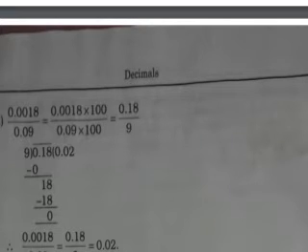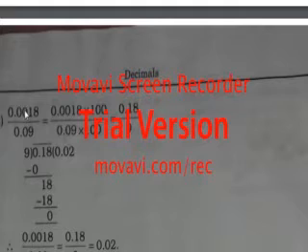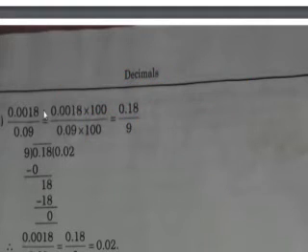That is, up and down it has been multiplied with 100, or simply you can remove this. After the point, two digits are there, so from here also the point will move two digits, so it will become 0.18 by 9, or you can multiply with 100, and as you know, when we multiply with 100, the point moves two digits, so here also it becomes 0.18 by 9.